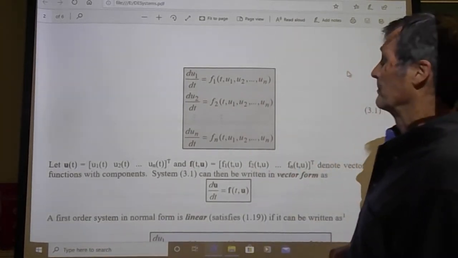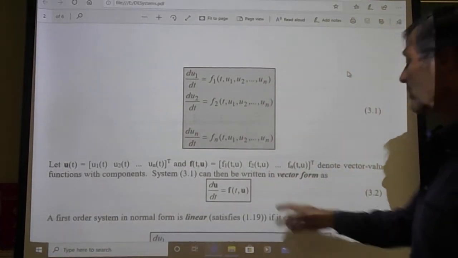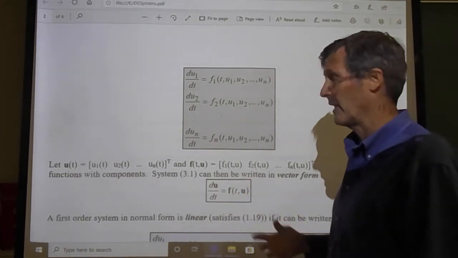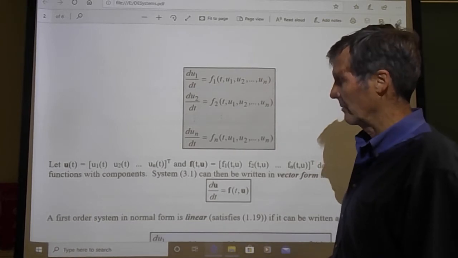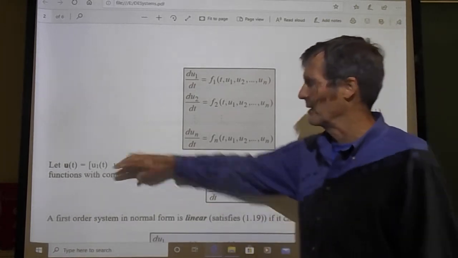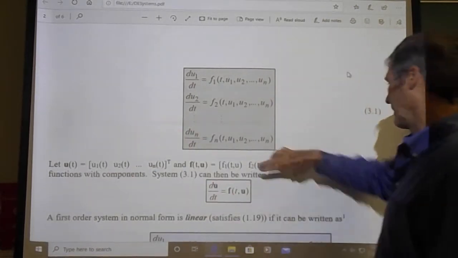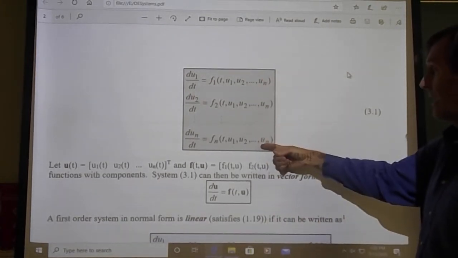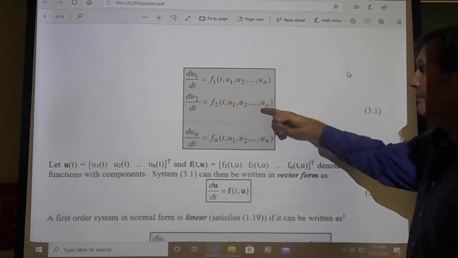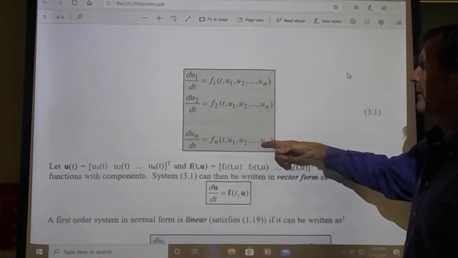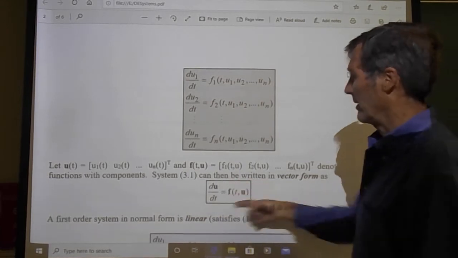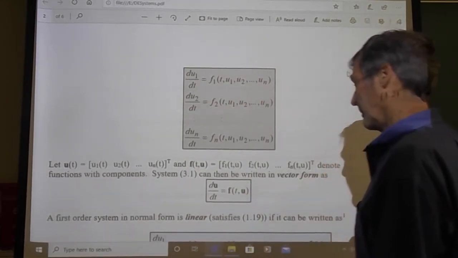So that's how you can write these things very compactly using this vector form. You've seen vectors in calculus, so this shouldn't be anything new. It's just that this transpose here means turn it sideways, and same thing here. All right, so you can write this big system of n differential equations in n unknown functions u1 through un. That's briefly it.